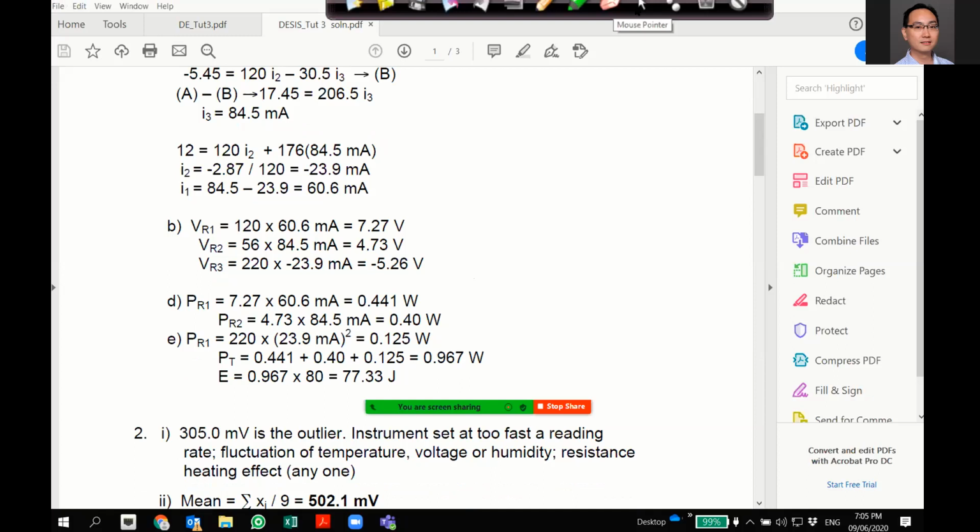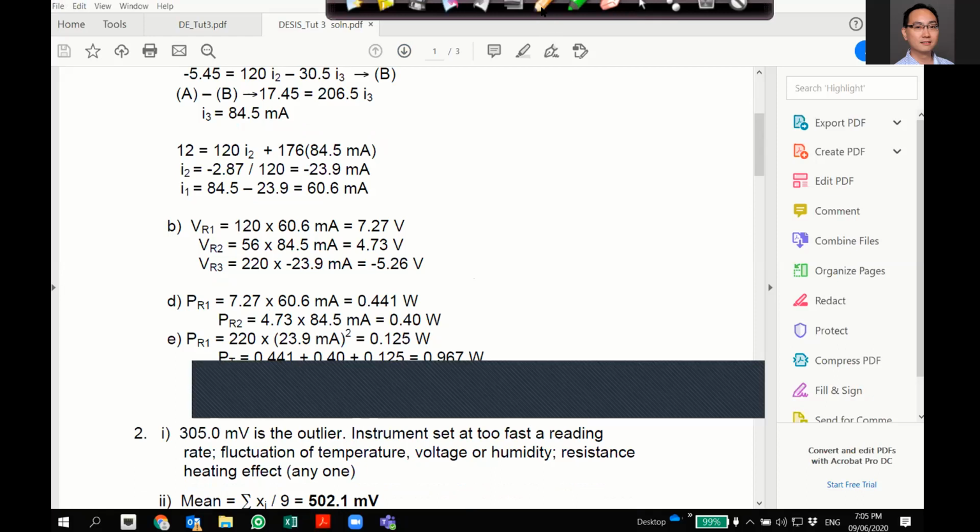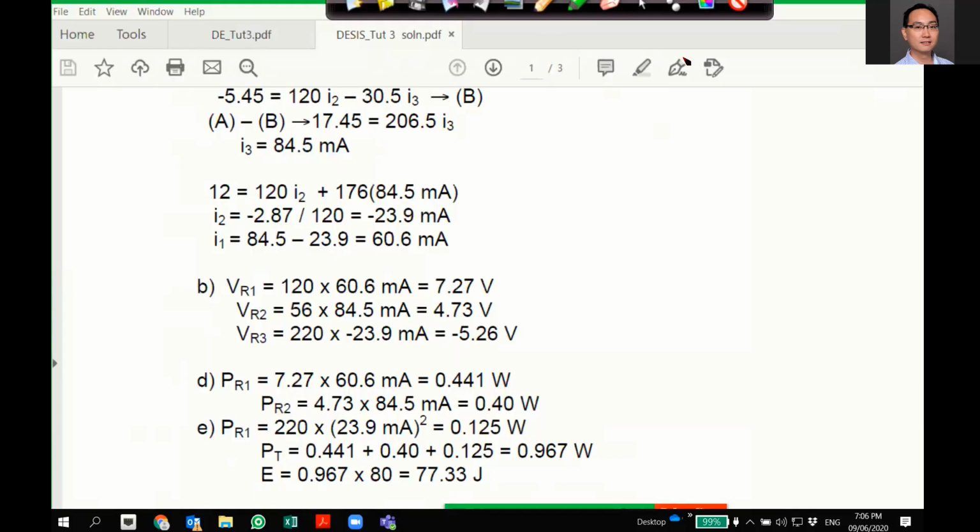This one I think is quite clear cut, I hope. Your power equals I times V. So for this part here, you can calculate the PR1, the power dissipated by the resistor R1.